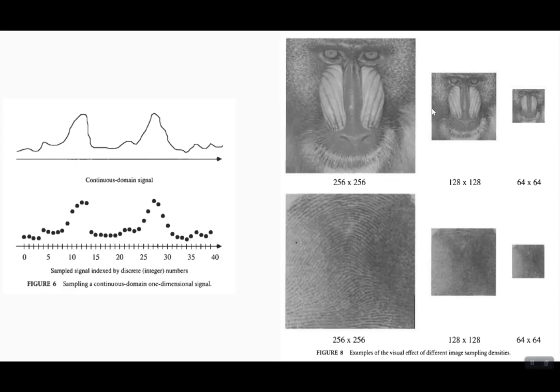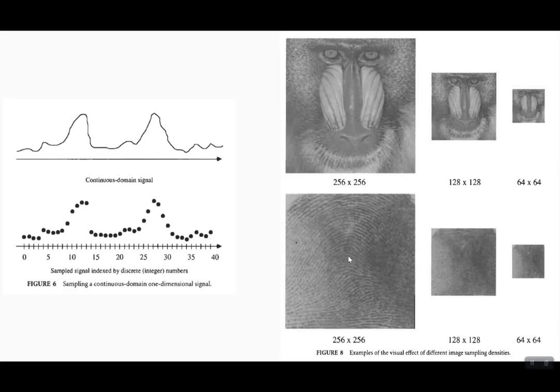But as we reduce our sampling to 128 by 128 pixels, you see that the quality of information gets diminished. Like in the case of 64 by 64 pixels, as you can see here, it's very difficult by naked eye to clearly see the detailed features, as is the case in the 256 by 256 pixel image.